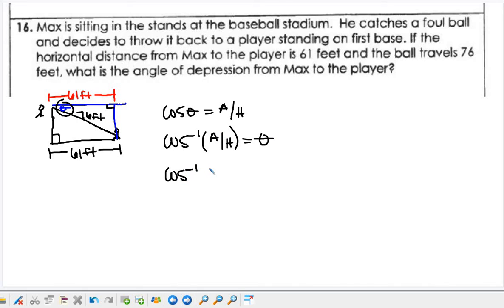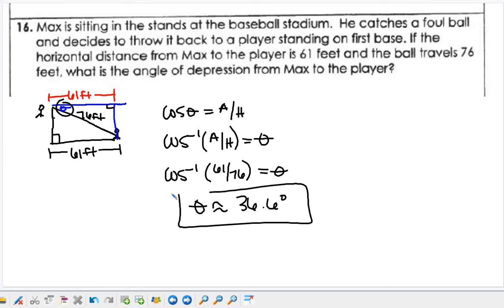So cosine inverse of adjacent, which is 61 over 76, which is hypotenuse, is equal to theta. So you're going to take your calculator, second cosine, 61 divided by 76, and we get that theta is approximately equal to 36.6 degrees.